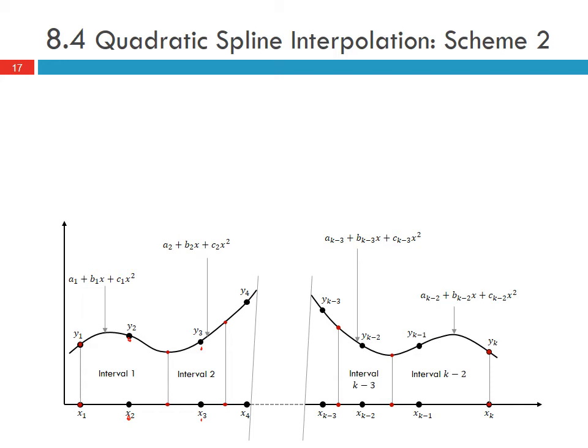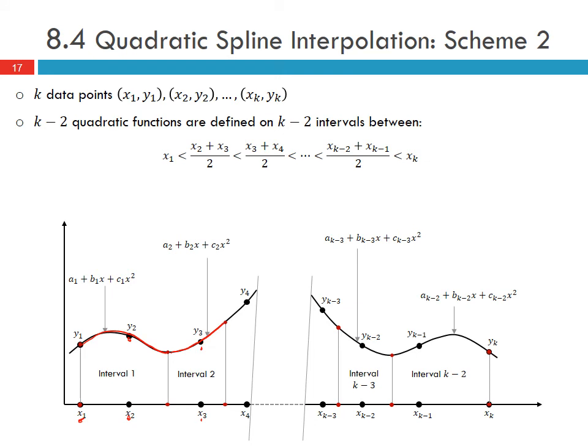At the beginning, we do keep the same endpoints, but then the other end of that interval is the midpoint between the two given data points. So this whole area here is defined by one function, and then this whole area is defined by the next function.